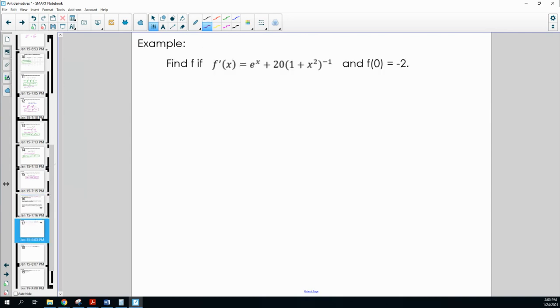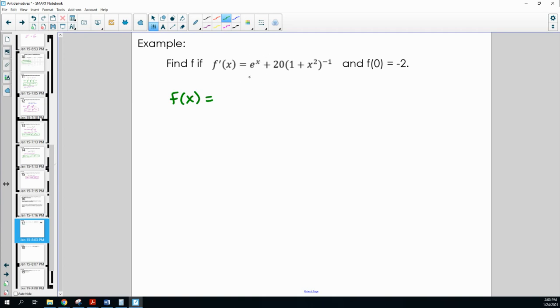So let's look at this problem here. Find f if f prime of x equals this thing and f of 0 is equal to negative 2. So they're giving us a condition. So I know that I'm going to be able to solve for c. So first thing I have to do is find the antiderivative.